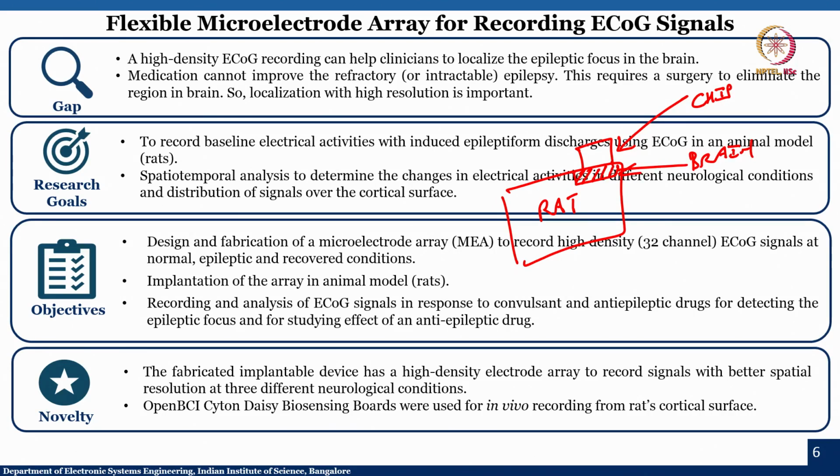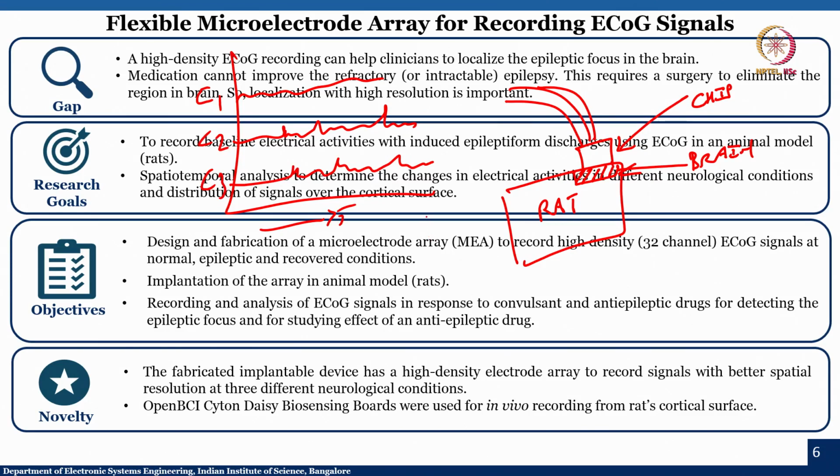This chip has multiple electrodes, and correspondingly you will get electrical signals like this, and you can say channel 1, channel 2, channel 3 and so on with respect to time.